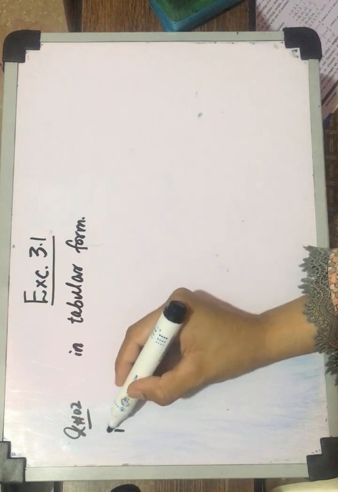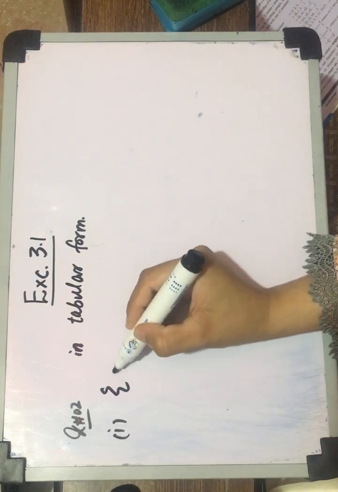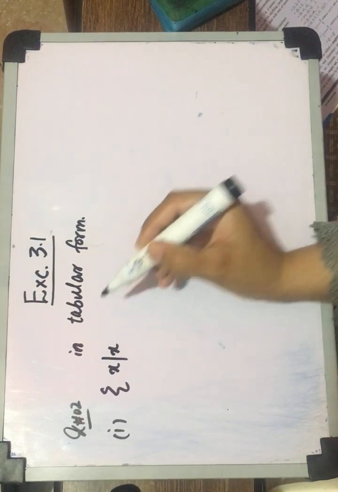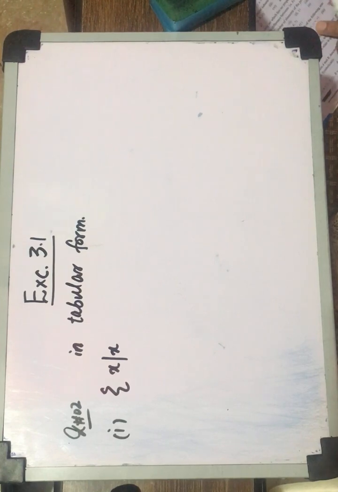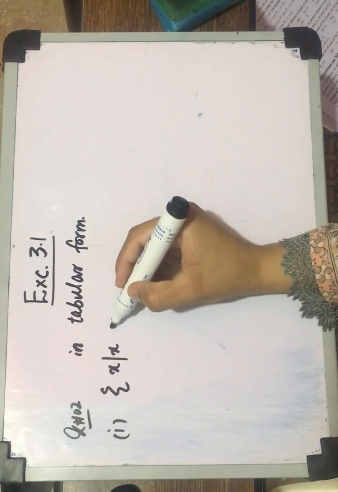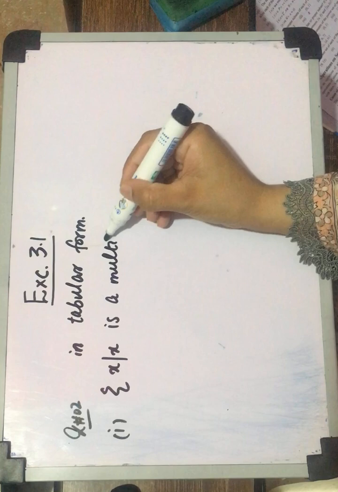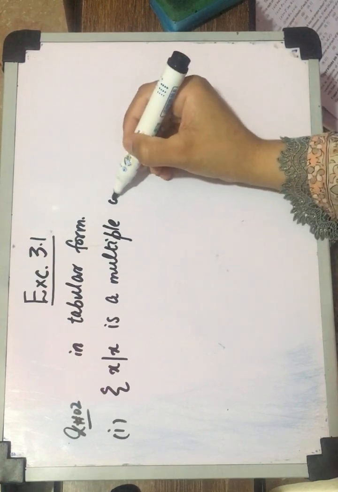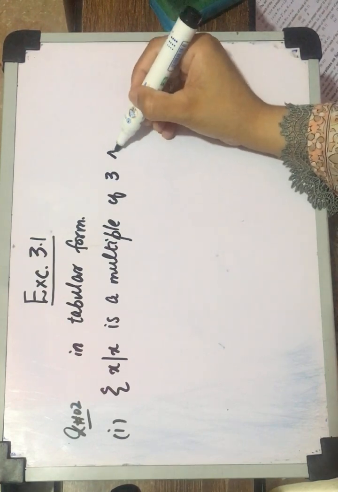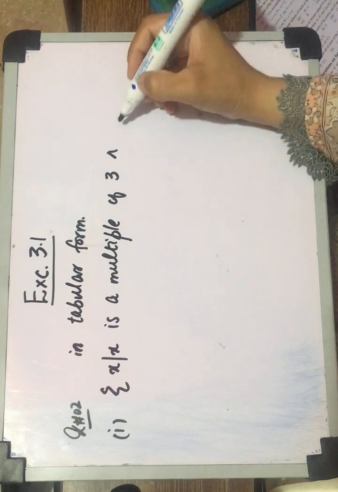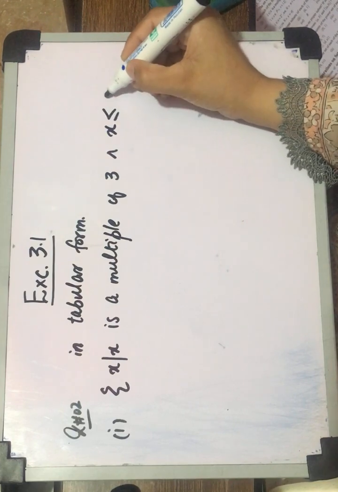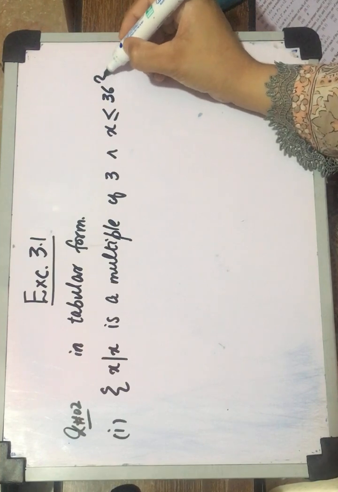Okay, first one we have x such that x is a multiple of 3, and what is the condition? The condition is that x is less than or equal to 36.